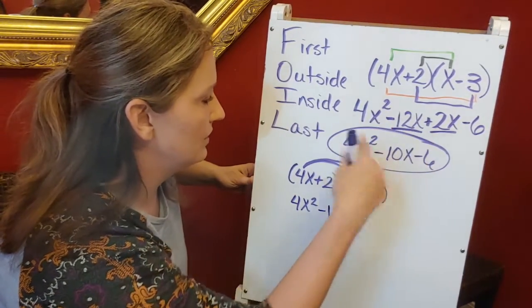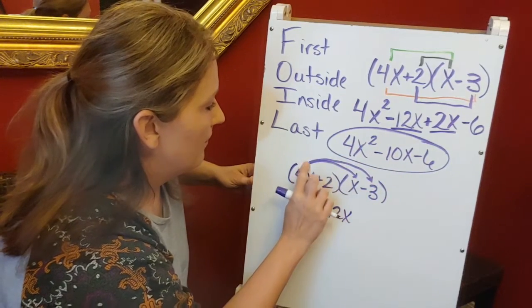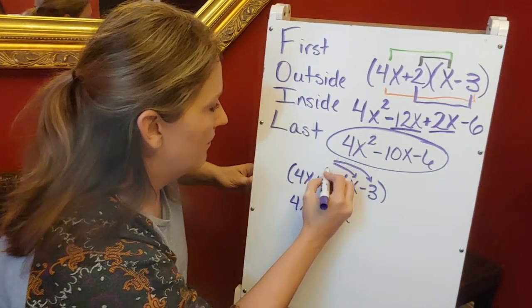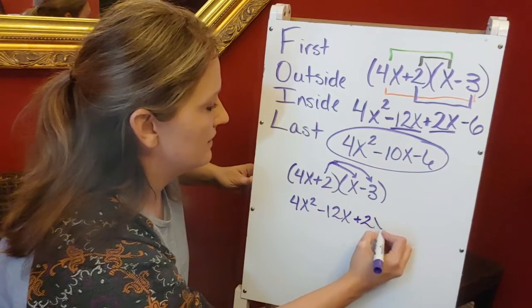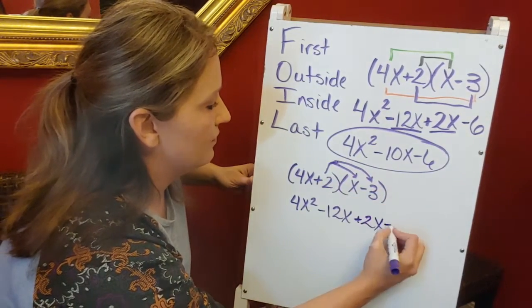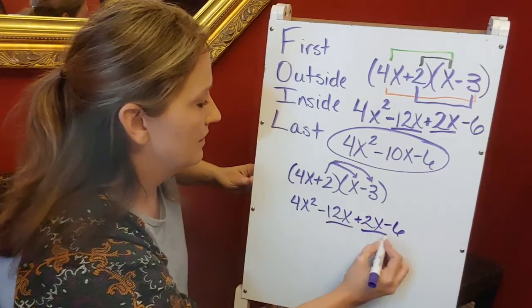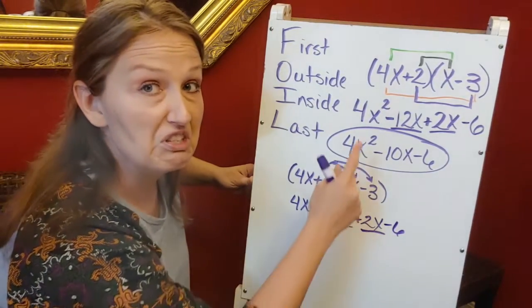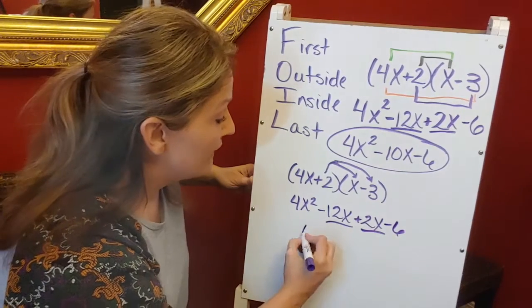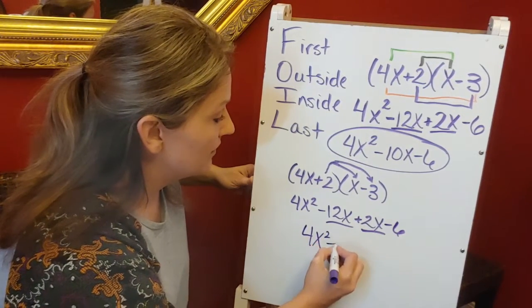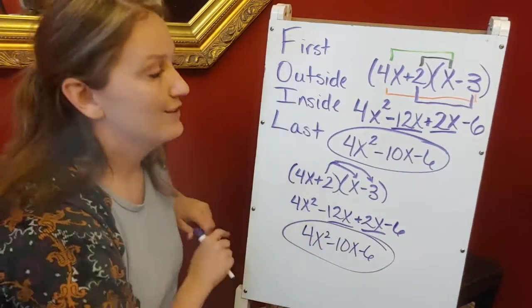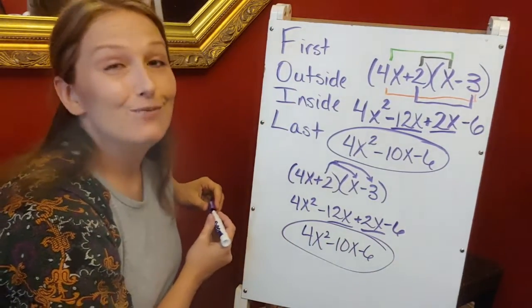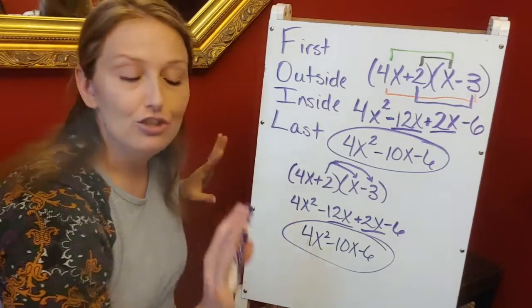Looking awfully familiar. Do my 2. 2 times x is plus 2x. 2 times a -3 is minus 6. Looks the same as that. 4x squared minus 10x minus 6. So it works both ways. Whichever one makes sense to you, use it.